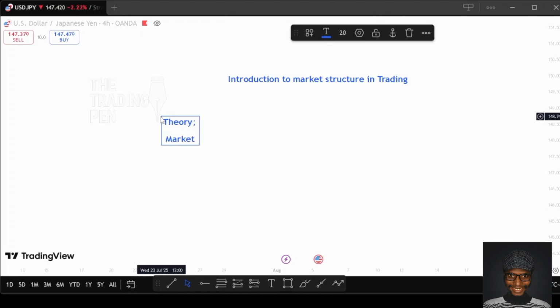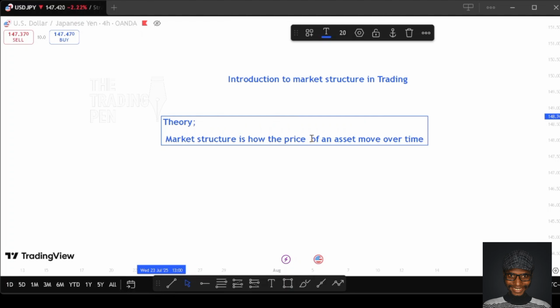Market structure is how the price of an asset moves over time.